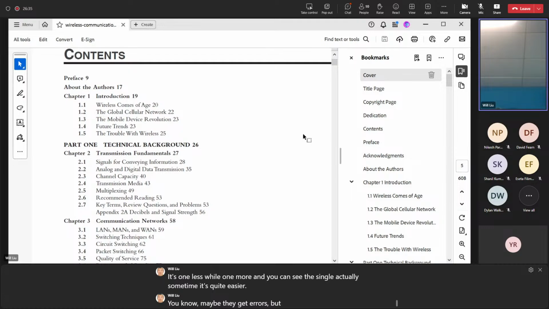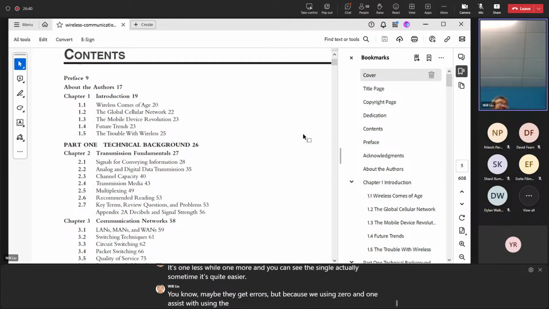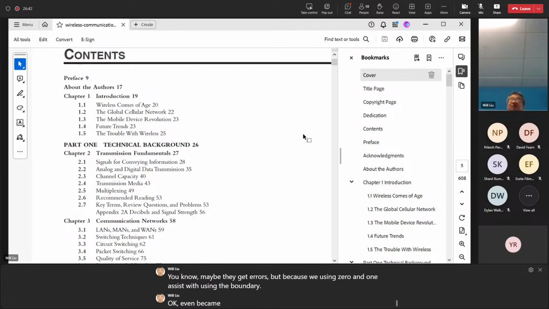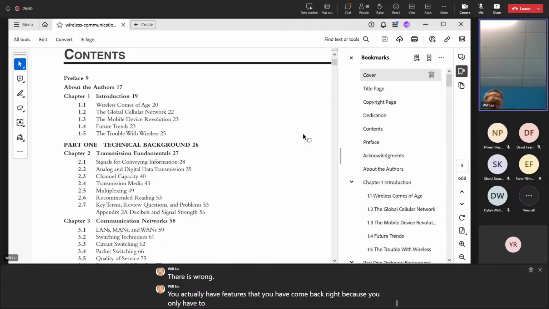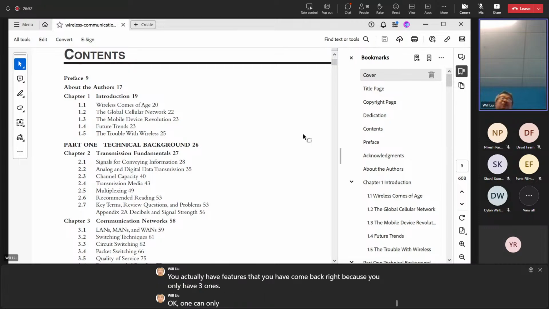But because we're using the binary system with 0 and 1, even if it becomes wrong, if you know where it's wrong, you have a 50% chance to recover, right? Because 1 can only become an error to 0, and 0 can only become an error to 1. So you have fewer choices.